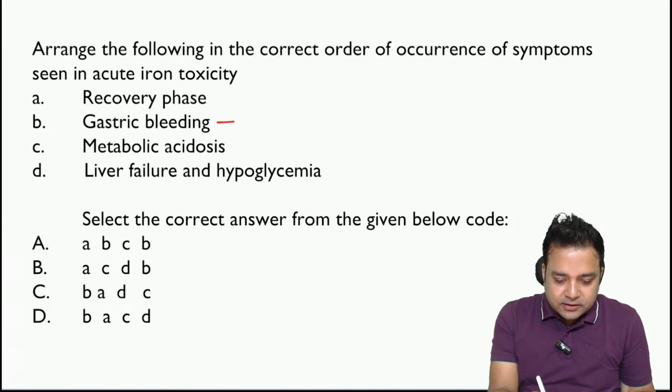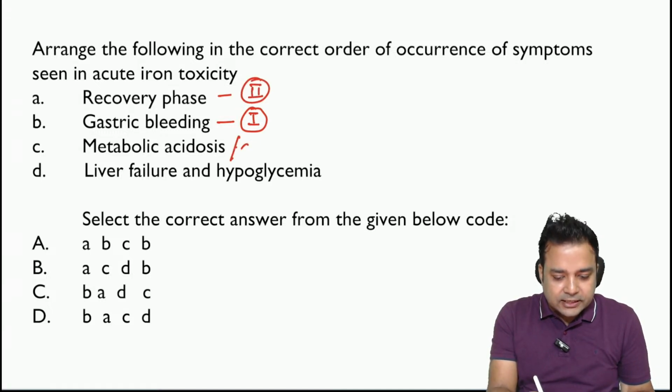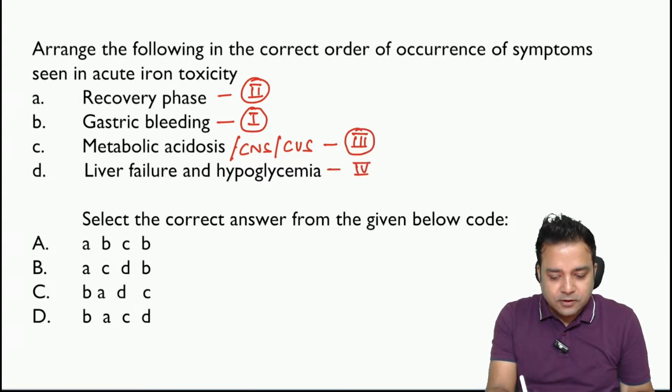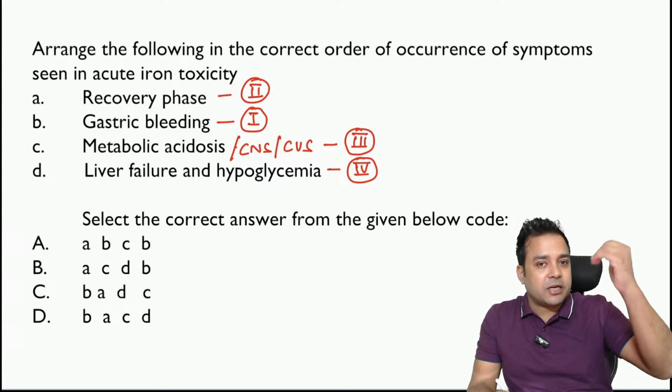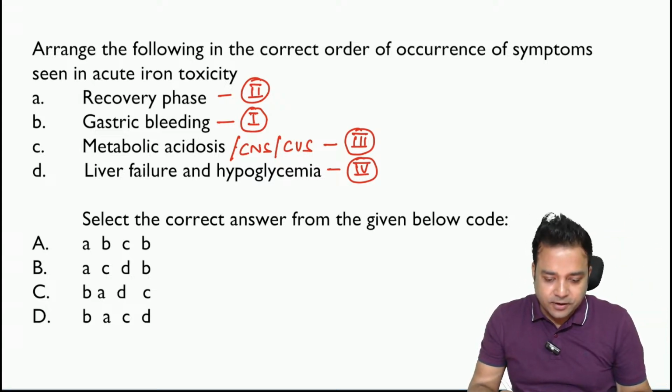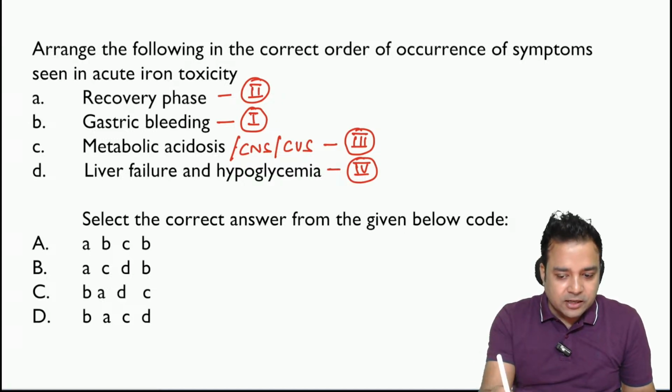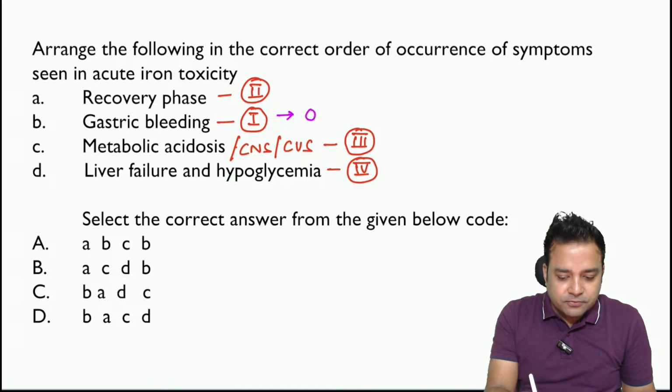Gastric bleeding is going with stage 1, recovery phase is stage 2, metabolic acidosis, CNS complications, CVS complications in iron poisoning is said to be stage 3, and stage 4 is liver damage where the person will become jaundiced, hyperbilirubinemia and hypoglycemia will be noted. So इसका timeline भी लिख लेते हैं. Gastric bleeding or gastric necrosis is seen in the first 6 hours.